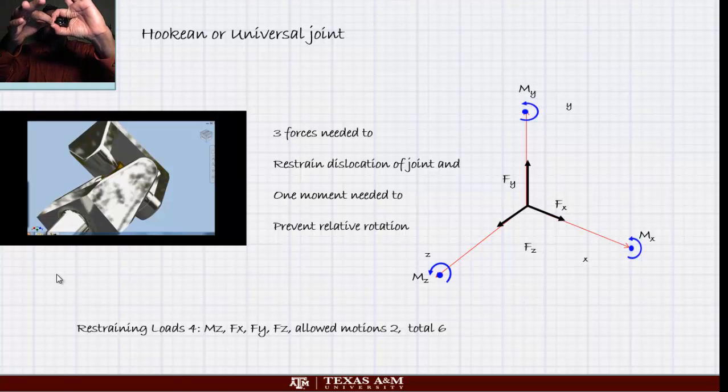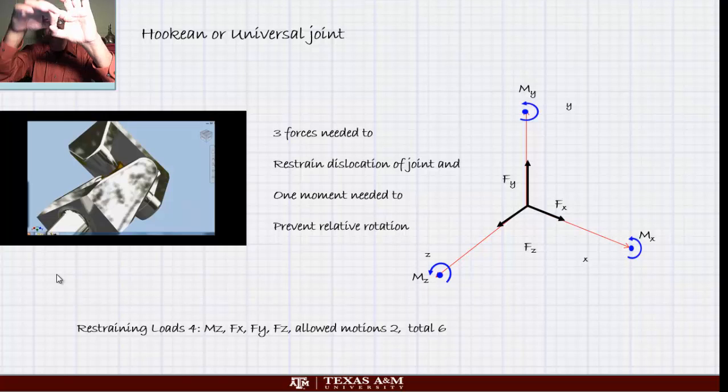So what are the motions that are allowed? Let's see. You can do this. One kind of rotation is allowed and another kind of rotation is allowed. Can you see that? There are two kinds of rotation which are allowed: rotation around the z-axis and rotation around the y-axis, if the x-axis points towards you. Everything else is prevented.